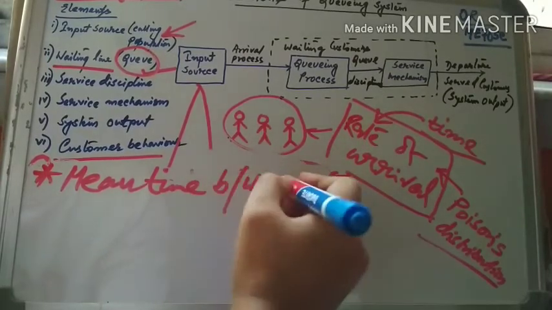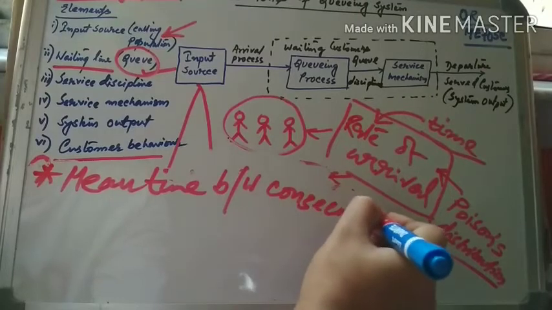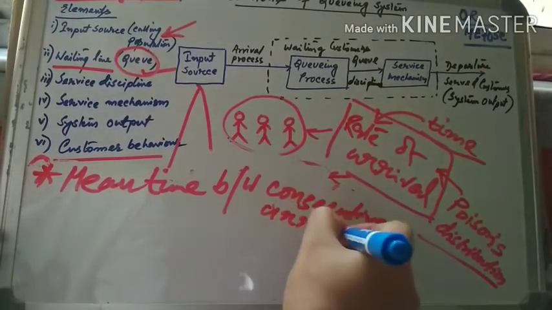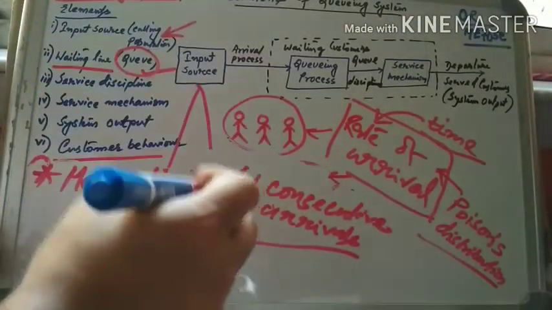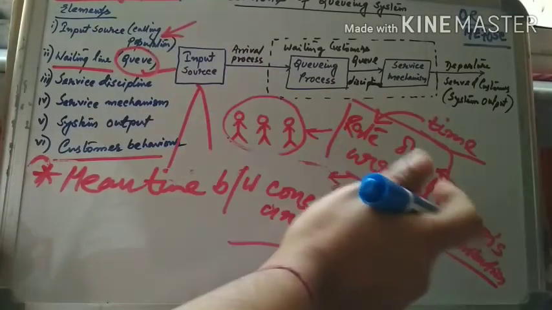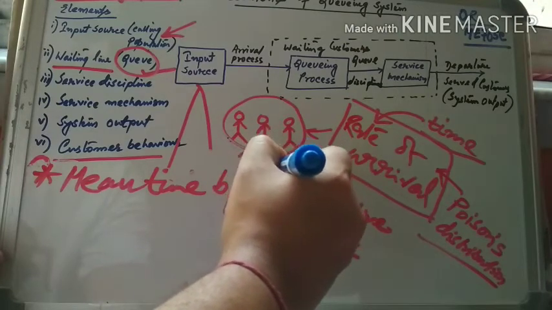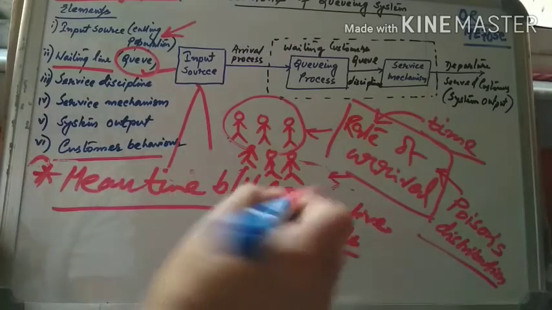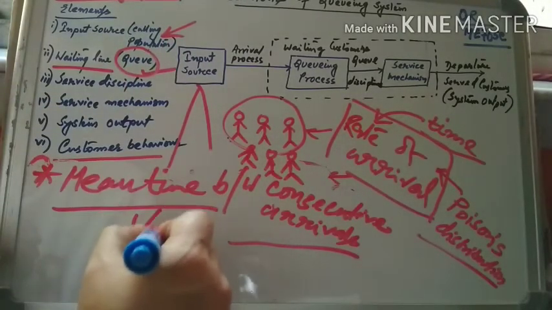What is the mean time between consecutive arrivals? That means the time elapsed between the first arrival and the next one. It is known as the mean time between consecutive arrivals, and it is equal to 1 by lambda.